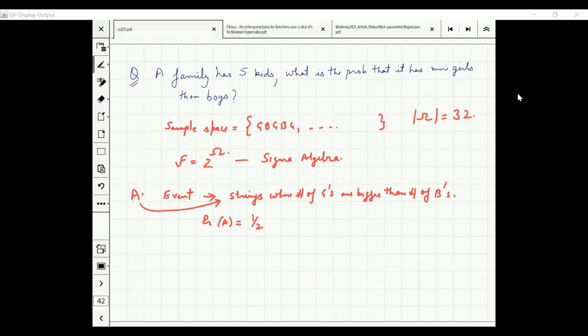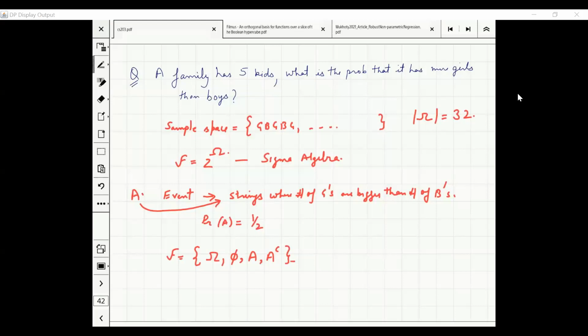Yes, sir. Great. So let me try to capture this intuition by defining a new F. My sample space will remain the same. Notice what my F is. Remember what A was? A was the set of strings where the number of G's is bigger than the number of B's.